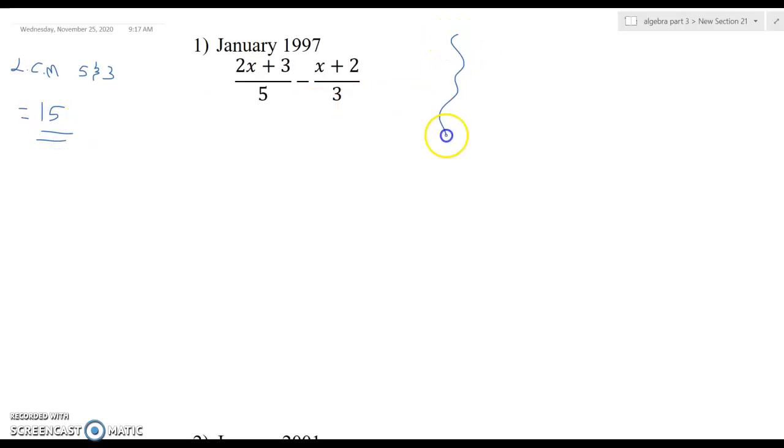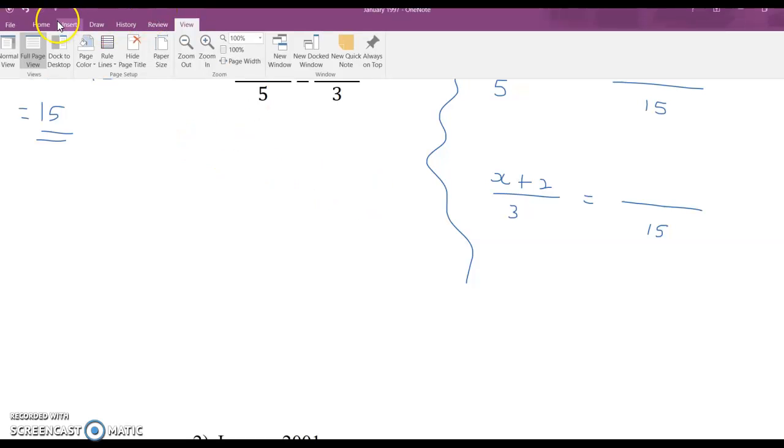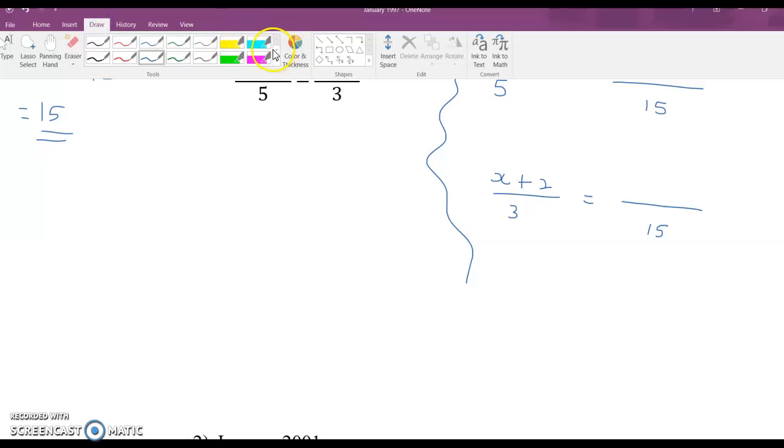So now, let's just draw a little squiggly line here. We want to make the two fractions a new fraction with that new denominator of 15, right? And we're going to do it for the two fractions. Now let's change the color of the pen just so it'll be a little bit easier for you all to see how we do certain things.